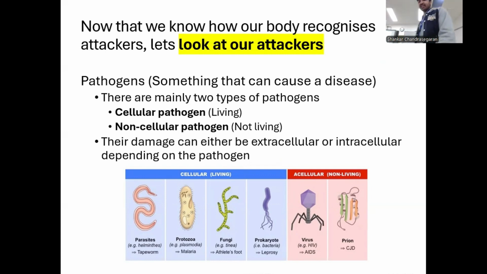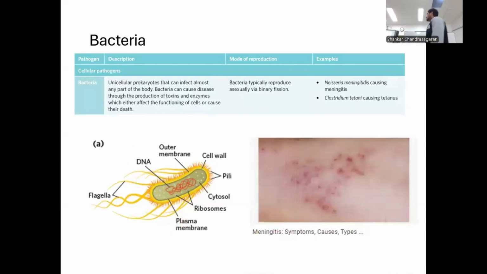So let me give you an example. First, we have our bacteria. These are unicellular prokaryotes that can infect any part of your body, right? They are all over you right now. Bacteria is covering you, it's even inside your body right now, and they can sometimes even be beneficial.